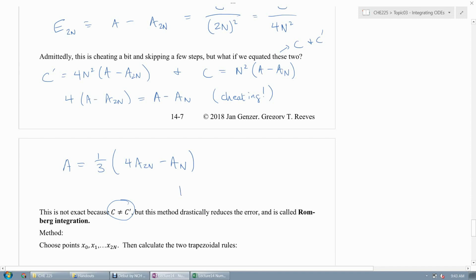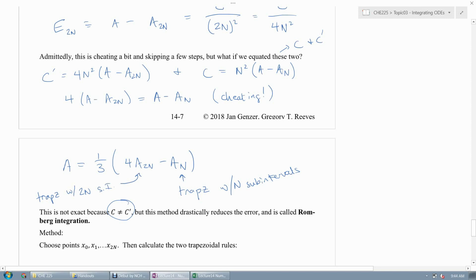What did we just do here? This is the trapezoidal rule with n subintervals. That's what a n is. A 2n is the trapezoidal rule with 2n subintervals.